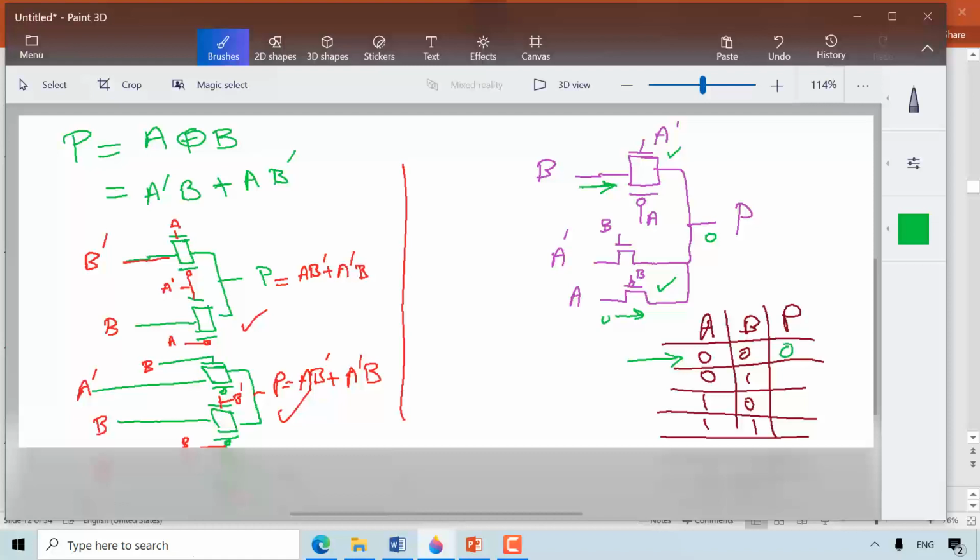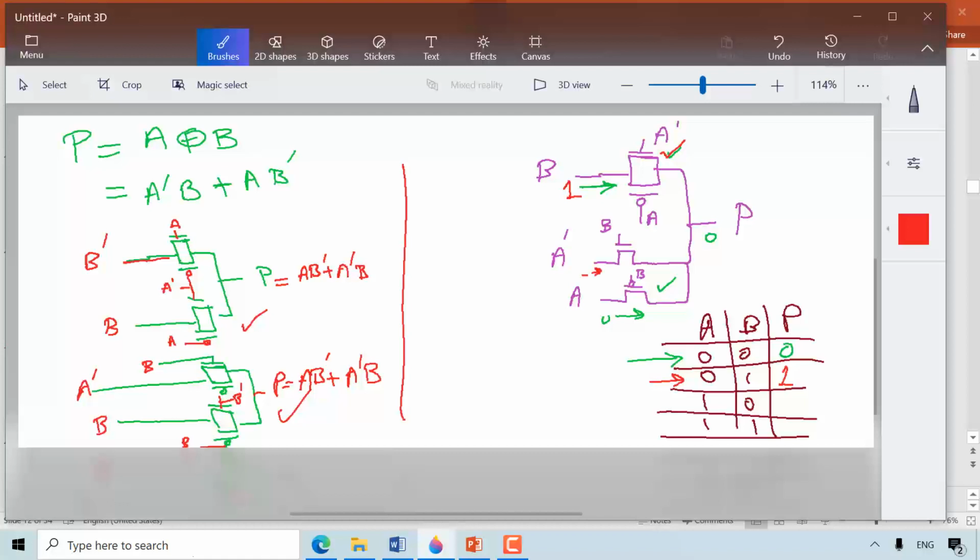Okay, so let's see the case when A is 0 and B is 1. So again, this will be on as well. This will be on as well, and we will be writing a 1 all the way to P. So P is equal to 1. And here we will be writing a 1 on this side as well.